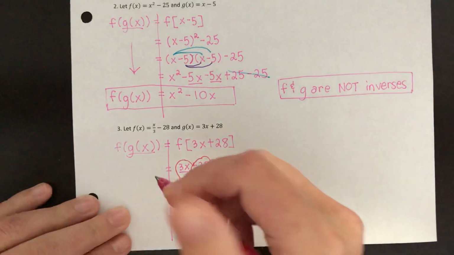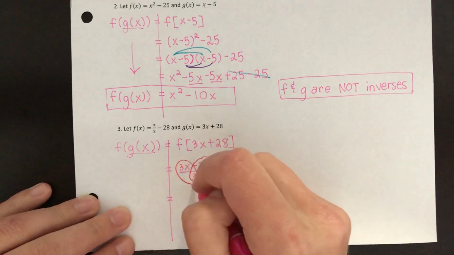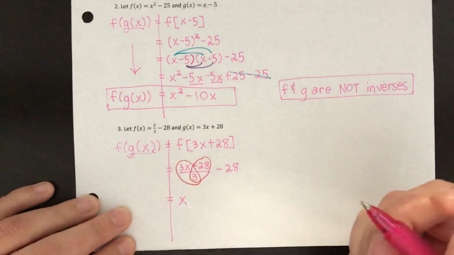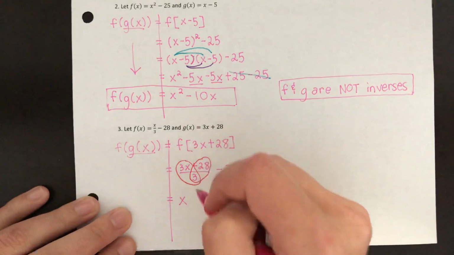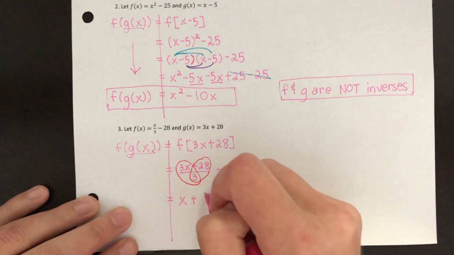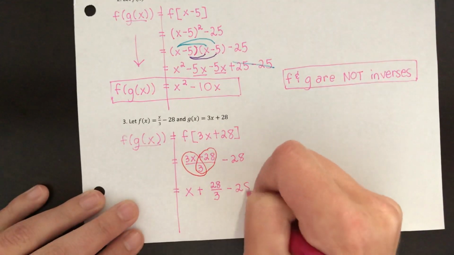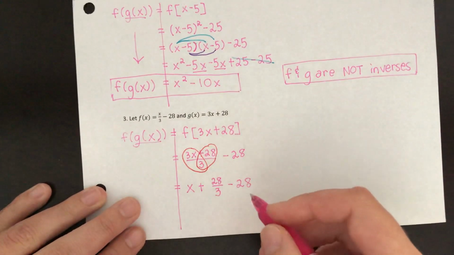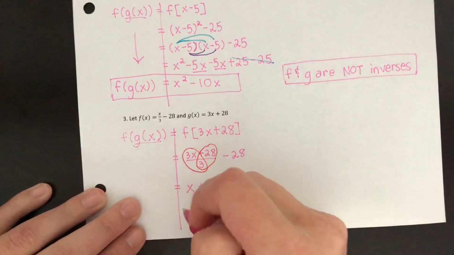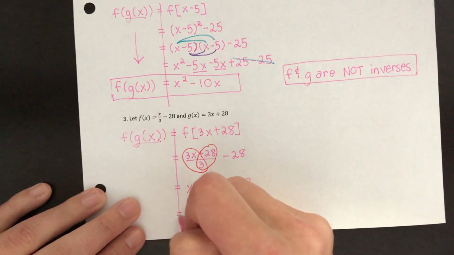So here you get 3x divided by 3, which is just going to be x. But then you have 28 over 3, so that's going to be a positive 28 over 3. Unfortunately, that doesn't simplify. And then minus 28. Again, these two things don't add up to 0, so our final answer is not just x.